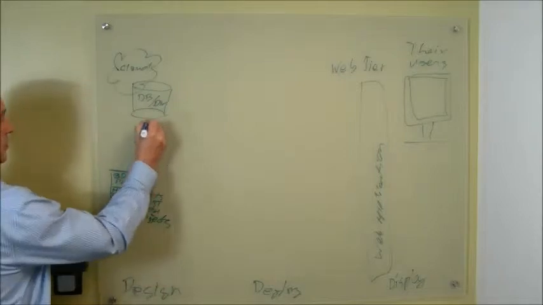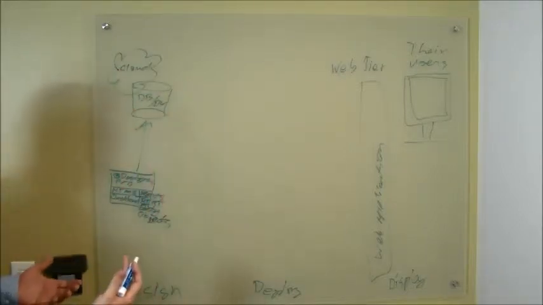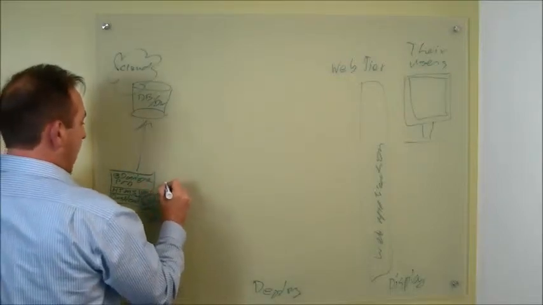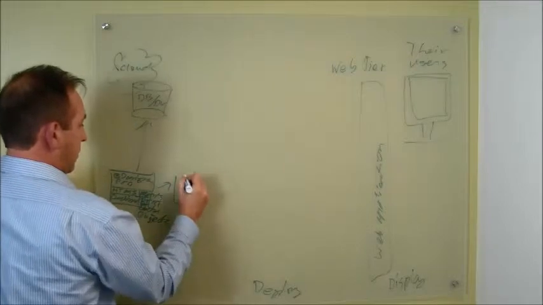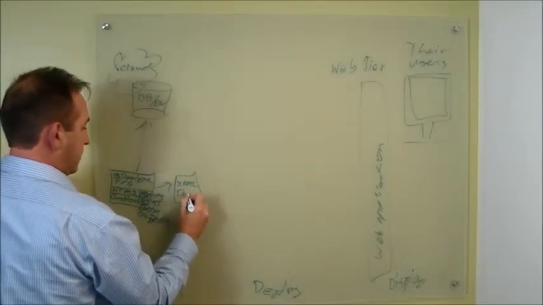The BIRT data objects are going to let them connect to their different data sources, organize it how they want it to, so it's going to be functional. And then they can output XML design files.